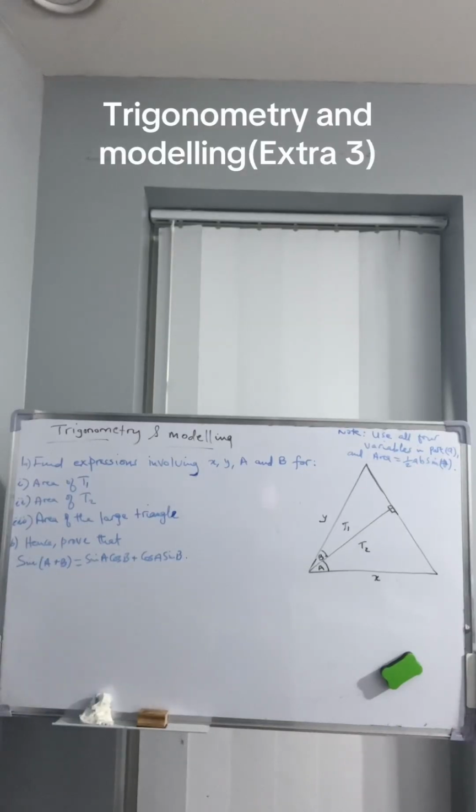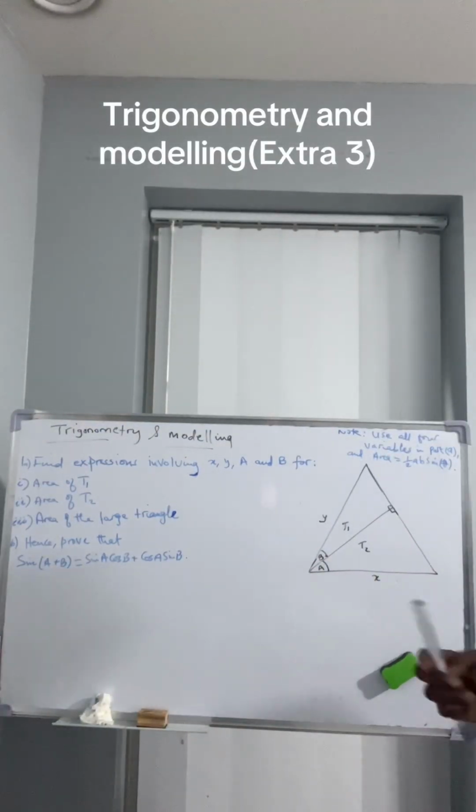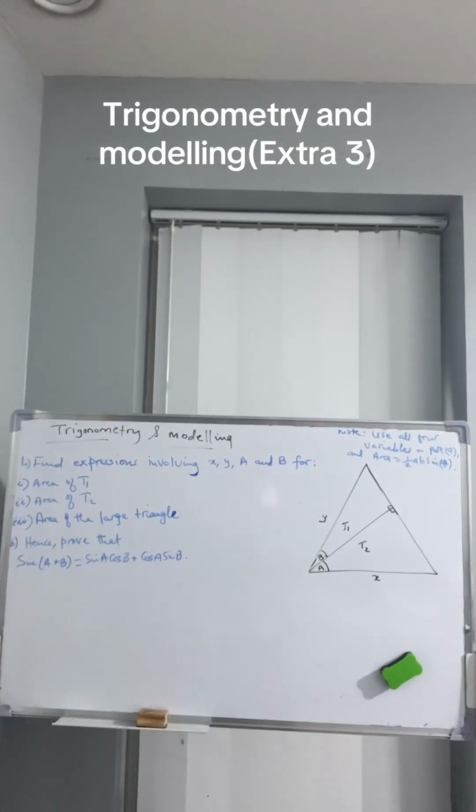And then we are going to prove something here, that the sine of A plus B is equal to sine A cos B plus cos A sine B. These are the addition formulas, which you've come across already. We've used them a couple of times, and we know what they are.